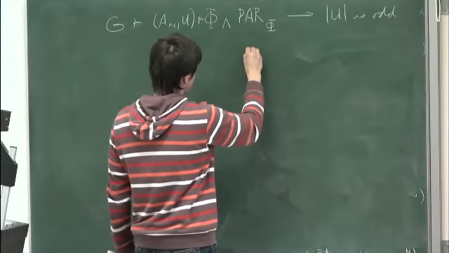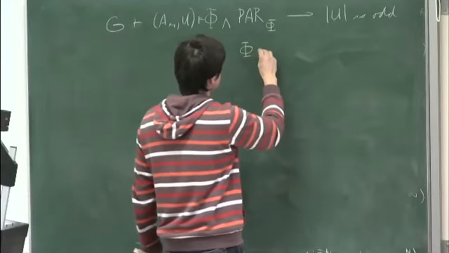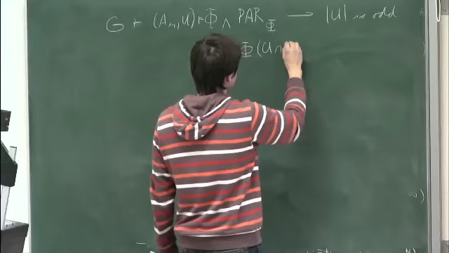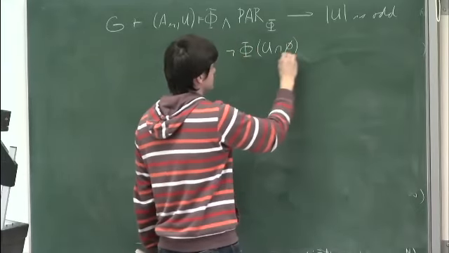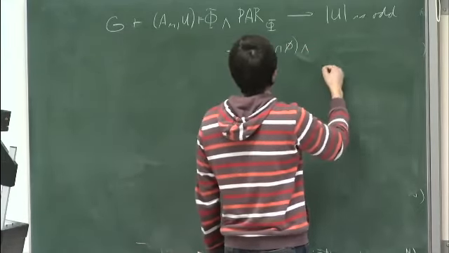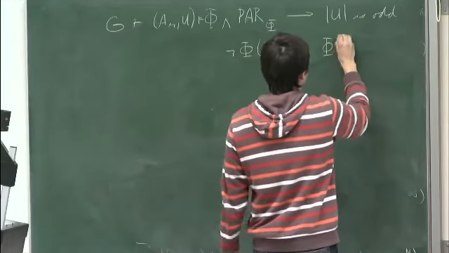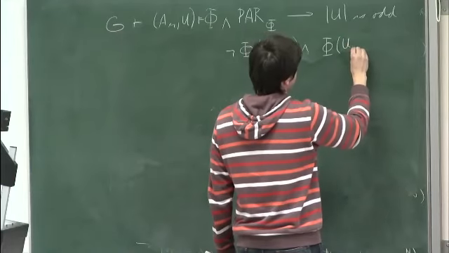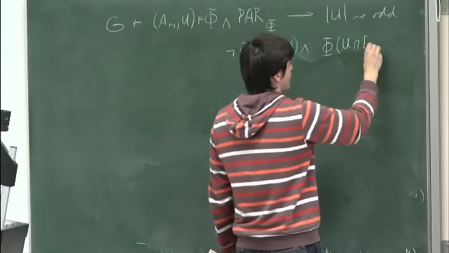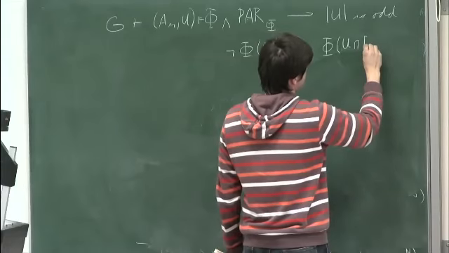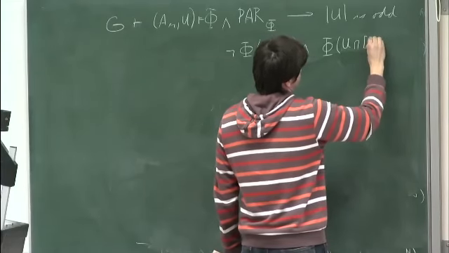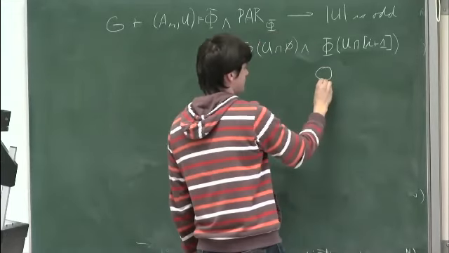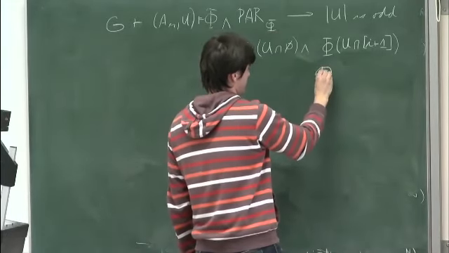That is the following sentence: phi about U intersected with the empty set is negated, and phi about U intersected with the interval up to i plus 1, and there is this logical conjunction.